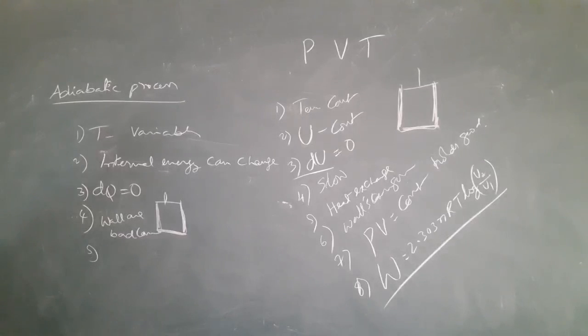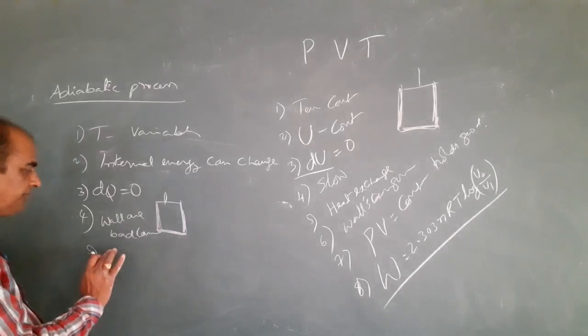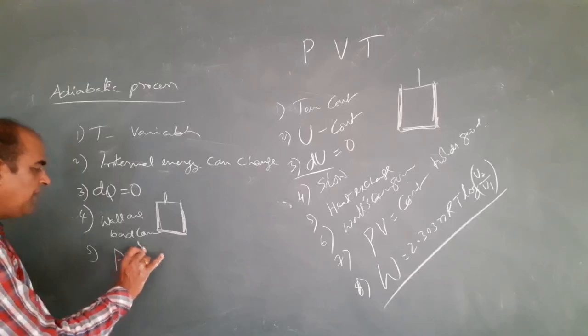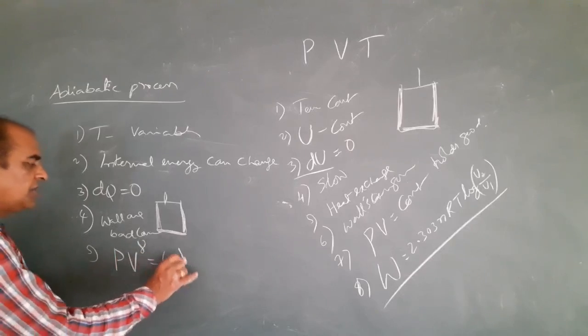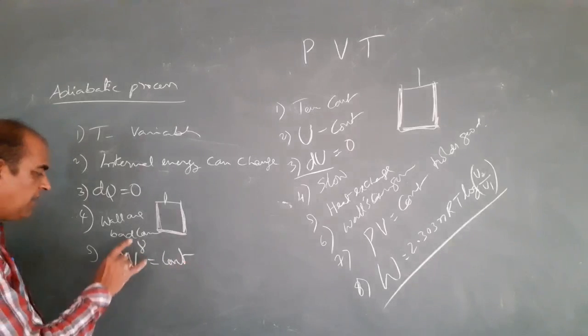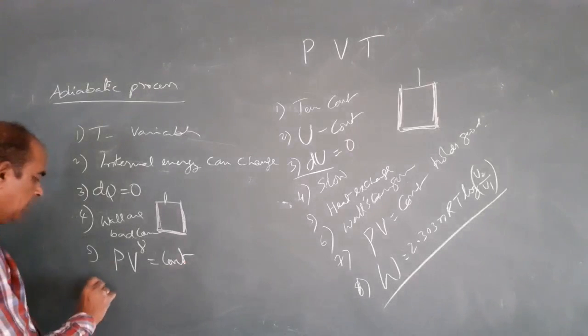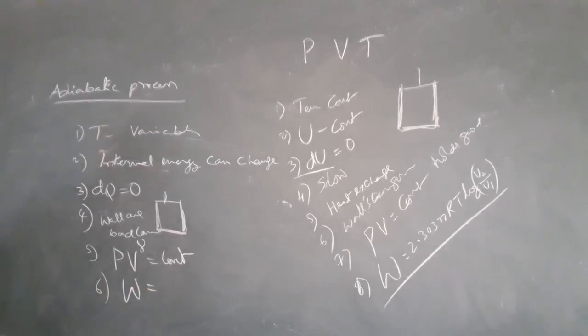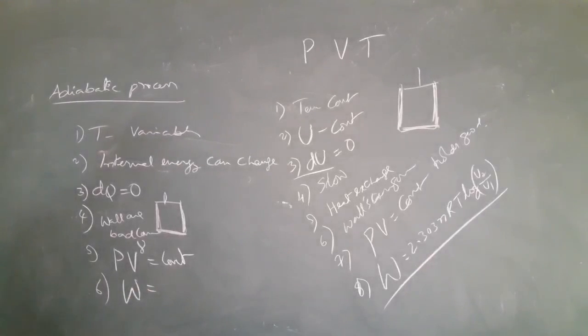Fifth point: Boyle's law PV equals constant does not hold good, but PV power gamma equals constant holds good. Sixth, the work done in the adiabatic process.